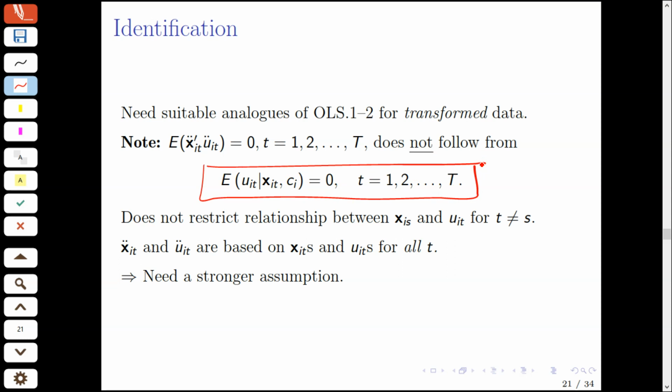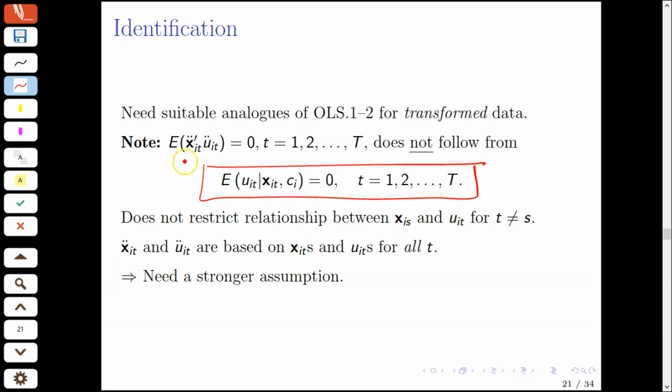The reason here is that contemporaneous exogeneity, where the same t appears in the variable that we are conditioning on and the variable that we are computing the expectation of, does not restrict in any shape or form the relationship between the regressors in other periods and this outcome in period t. Unobservable in period t.